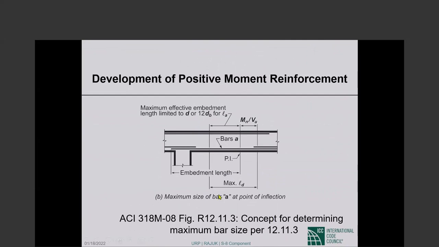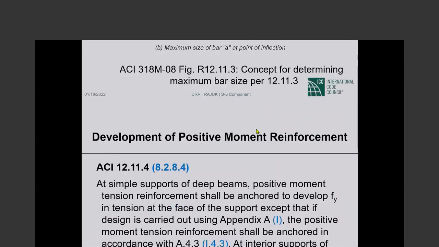Here we are at an inflection point. The M sub N over V sub U distance is this. The D or 12 bar diameter distance is this. So maximum L sub D in this case is this distance from here.